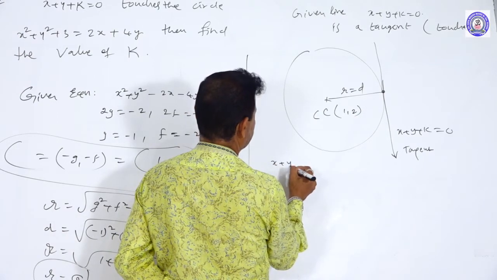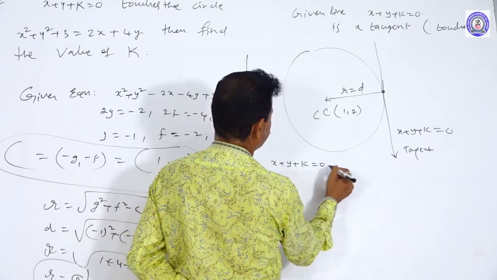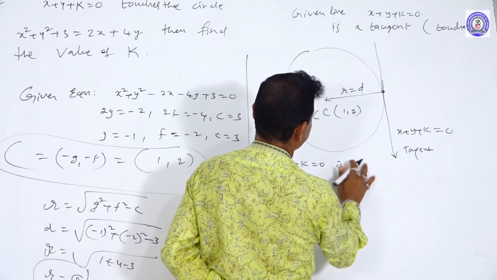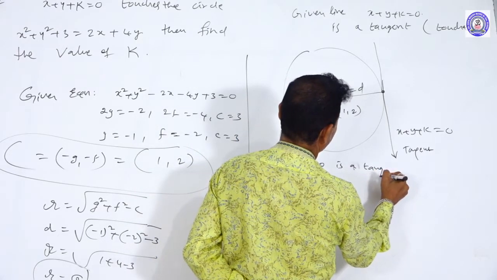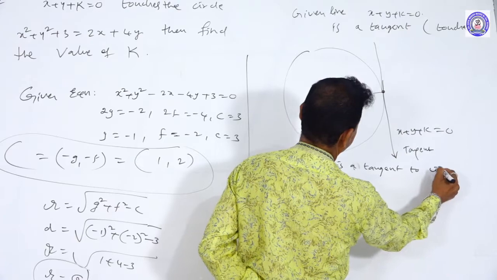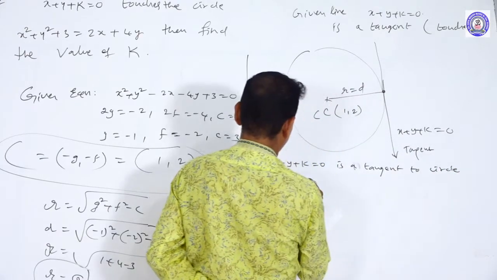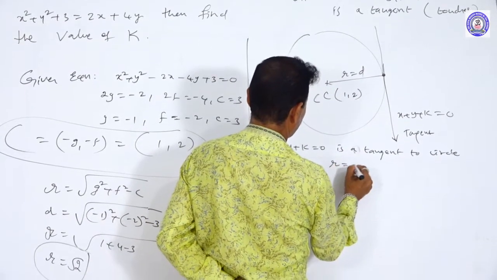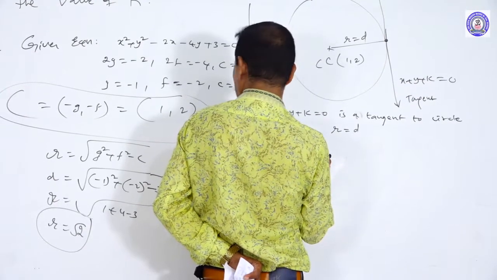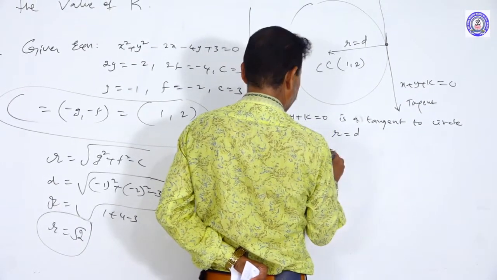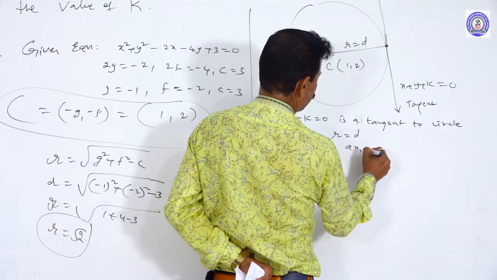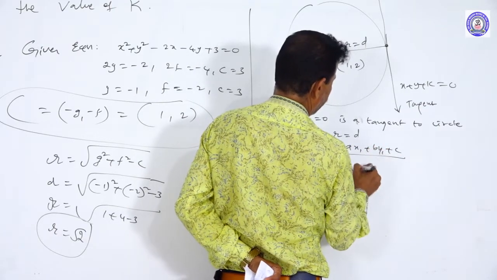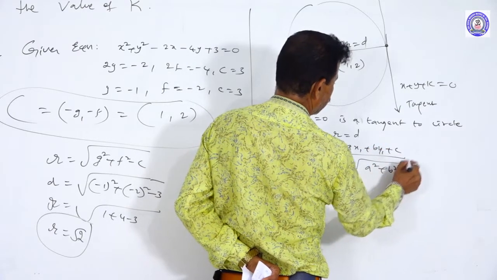x plus y plus k is equal to 0 is a tangent to the circle. Therefore, R is equal to D. So R is equal to root 2 value, D is the (ax1 plus by1 plus c) by under root of a square plus b square.